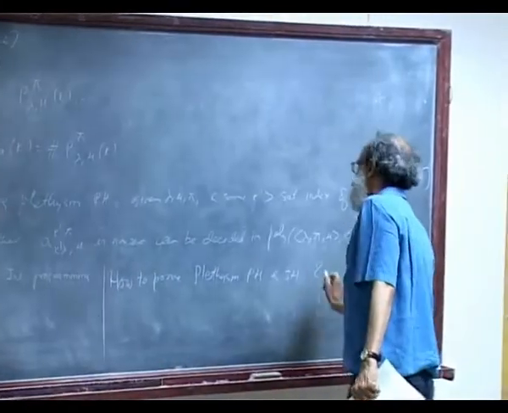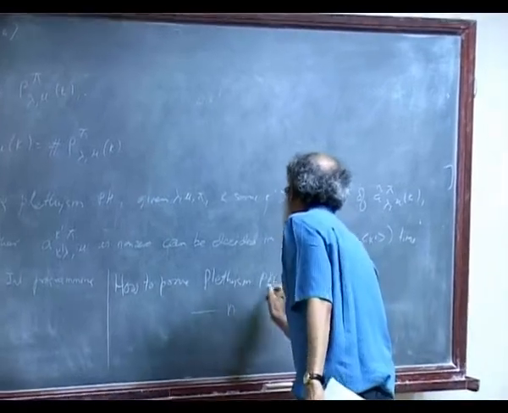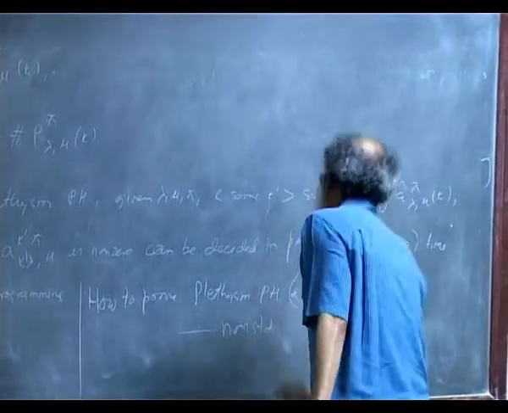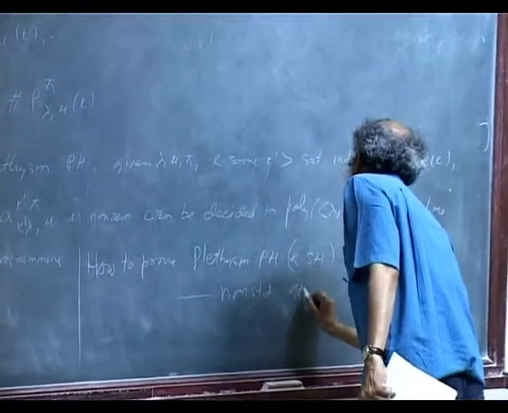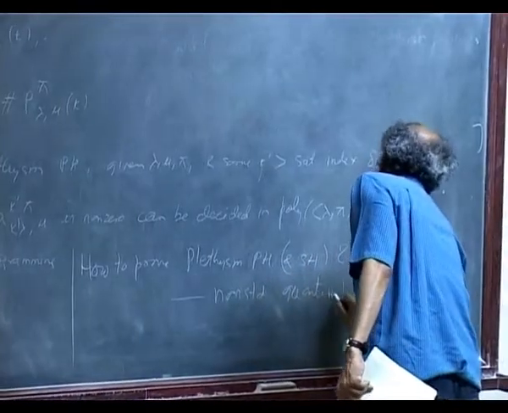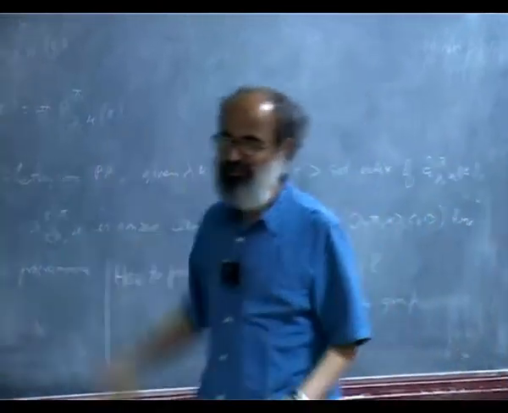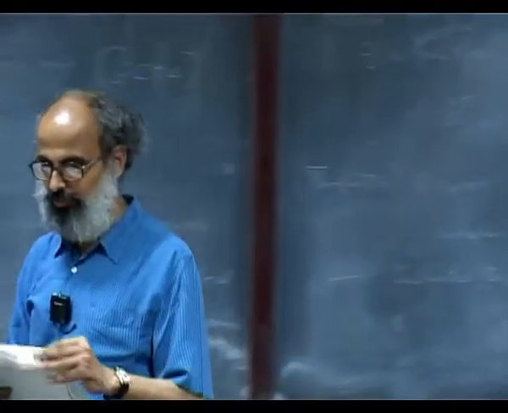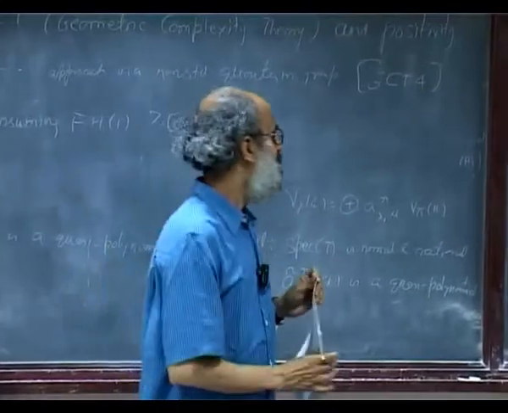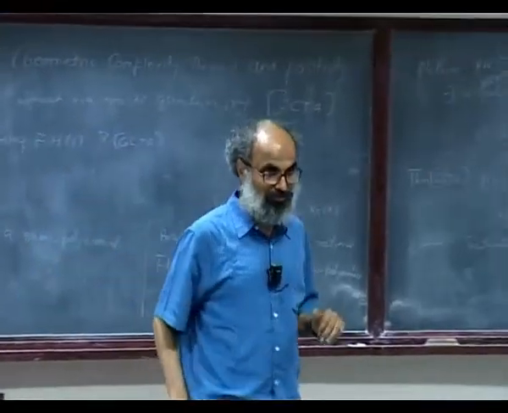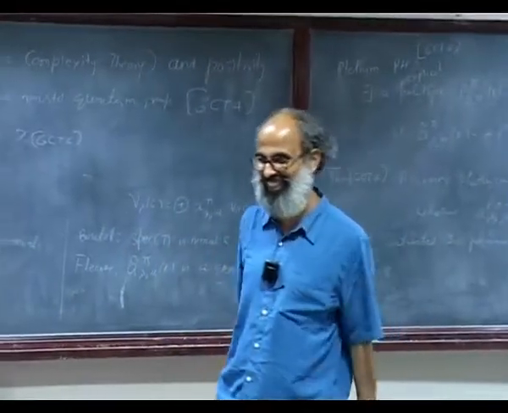And that of course we are not going to go through, but as we said, for this Plethysm PH, GCT just suggests some approach via non-standard quantum groups. But maybe this some other time, not today. So both are open? Oh yeah, there's a lot of work to be done.